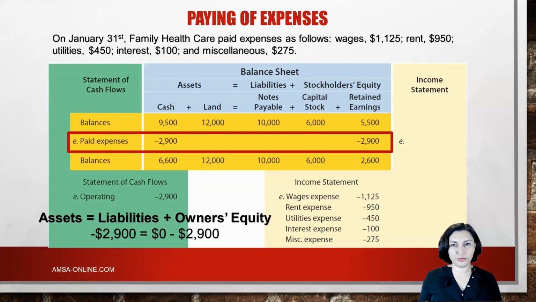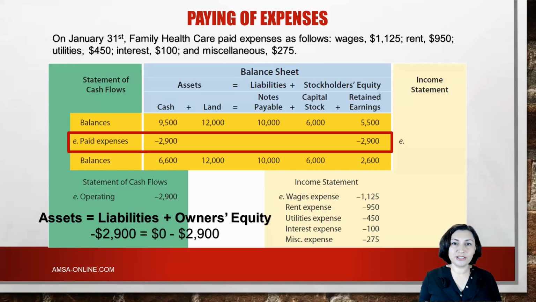On January 31st, Family Health Care paid expenses as follows. Wages, $1,125. Rent, $950. Utilities, $450. Interest, $100. And miscellaneous, $275. Will cash account increase or decrease?